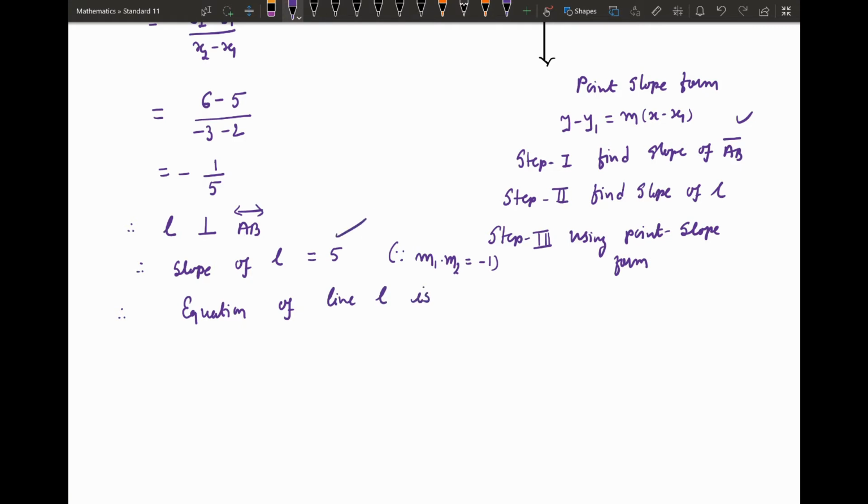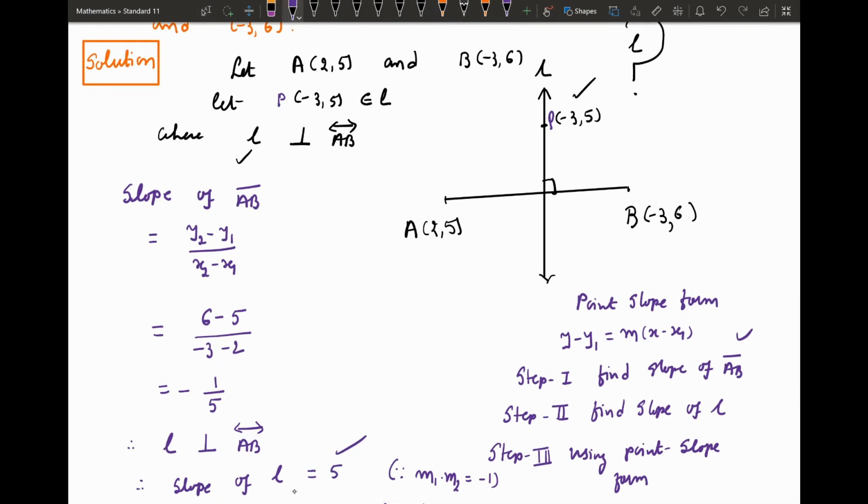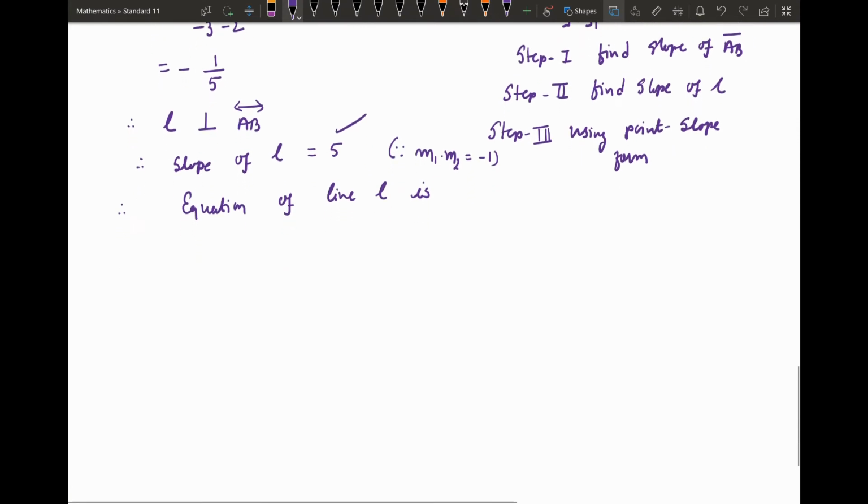Now the slope is there, the point is already given, so we will use the point slope form. The point is given, the slope we have obtained. Now use the point slope form, y minus y1 equals m into (x minus x1).